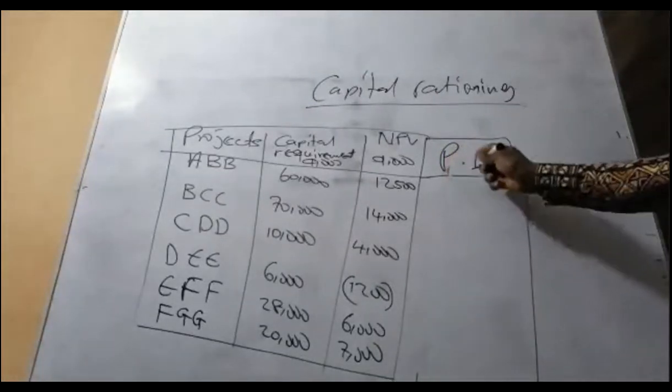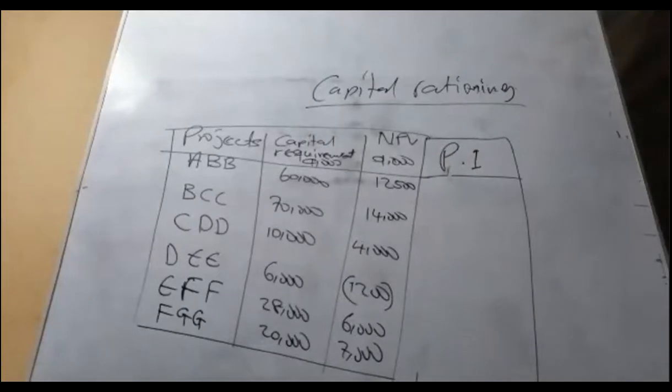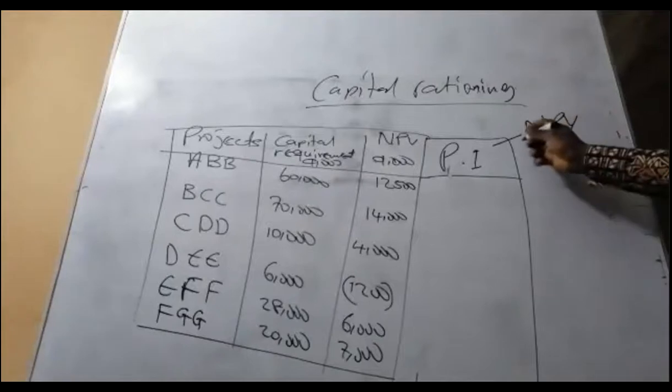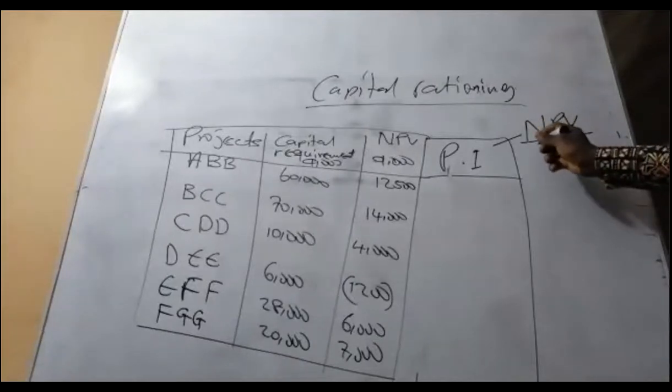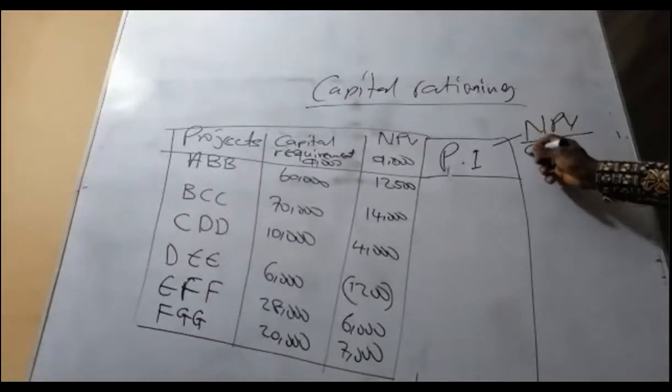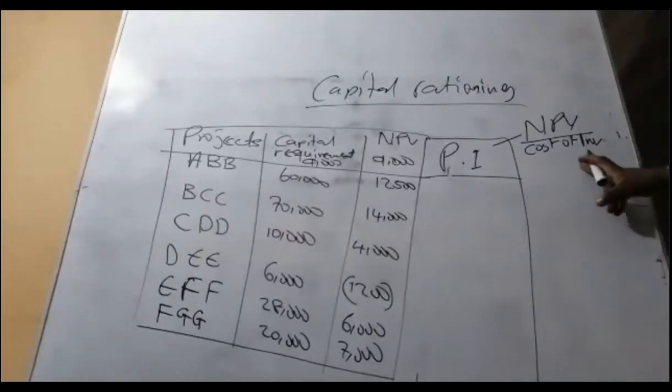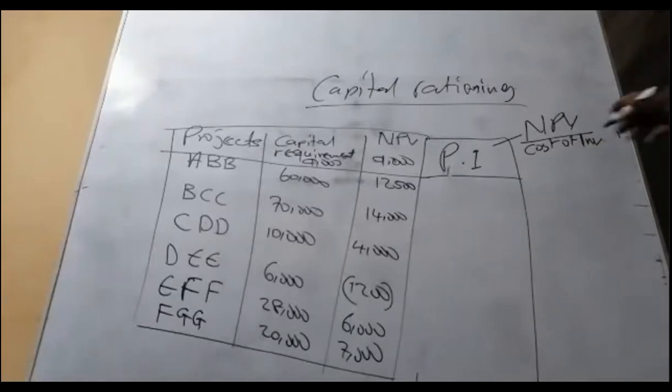So let's go. Profitability index. How do you get it? It's equal to the NPV divided by the cost of investment. That's formula 1.